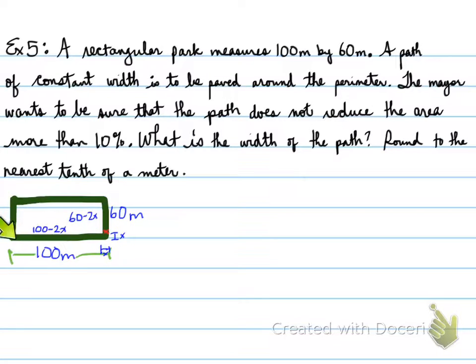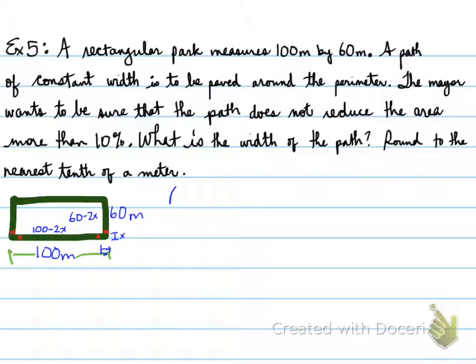Why? Well, the whole park was 100, and we're taking away x of path on either side. The same goes this way. The whole park was 60, and we're taking out x from either side. So that's 2 x's being taken out. So 100 minus 2x and 60 minus 2x.